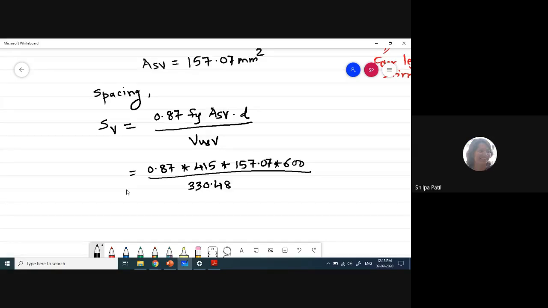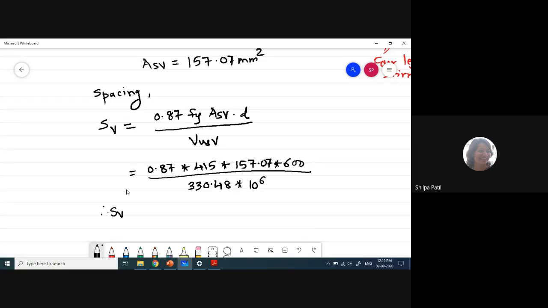This value is in kilonewton. 415 is in Newton per mm square, and all these values in the numerator are in mm. So this also I have to consider in Newton, that's why I'm writing this in Newton. So multiplied by 10 raised to 6.